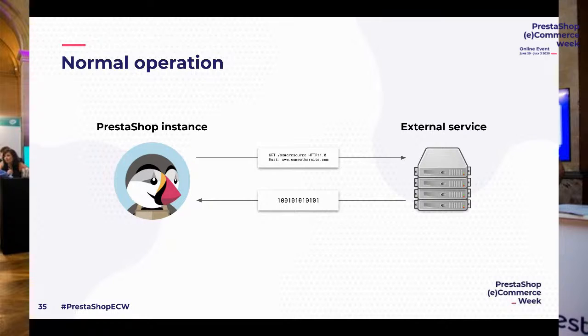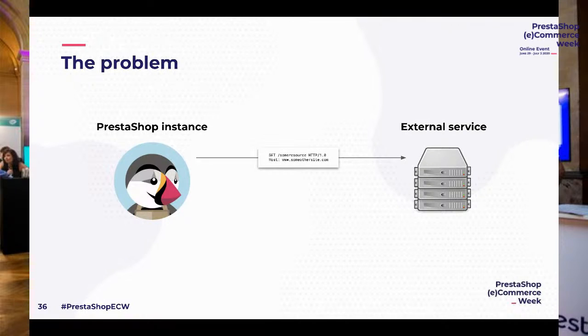So this is, of course, ideal, and ideal doesn't exist. So what happens? In some cases, the external service is saturated or it's down for some reason, so it's on fire and it doesn't work anymore. And what happens is that PrestaShop gets a nice loading screen, which is loading forever.